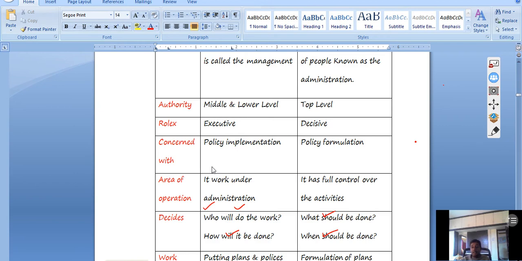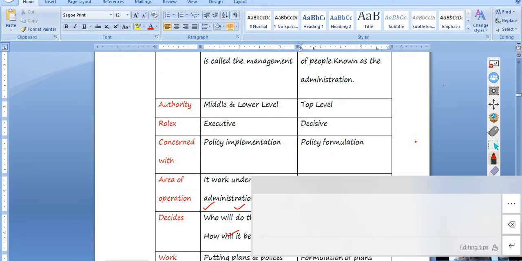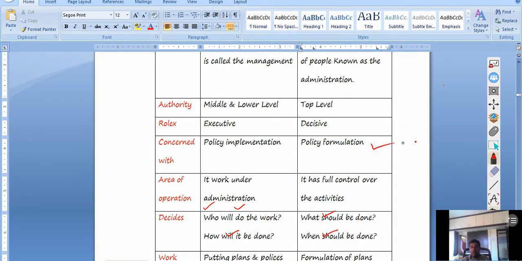And administration is concerned about policy formulation. Management is concerned about policy implementation. So always management works under administration, but administration has full control over all the activities.